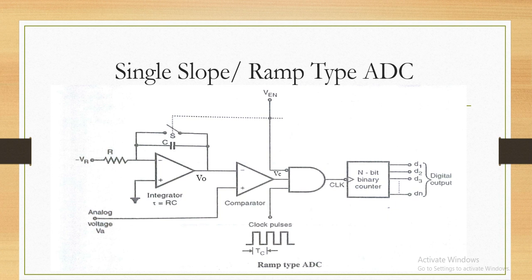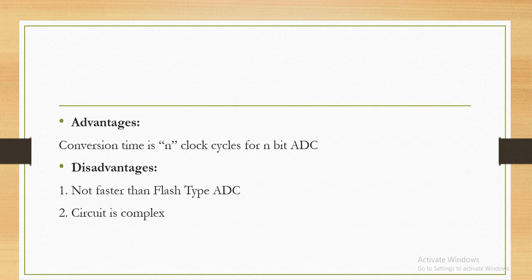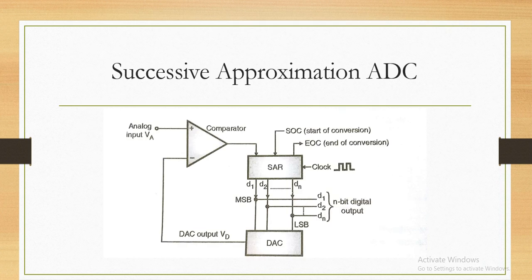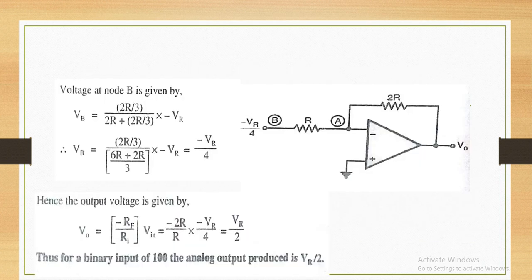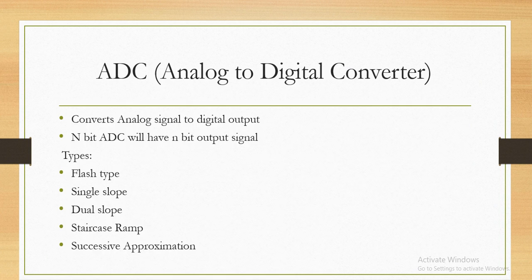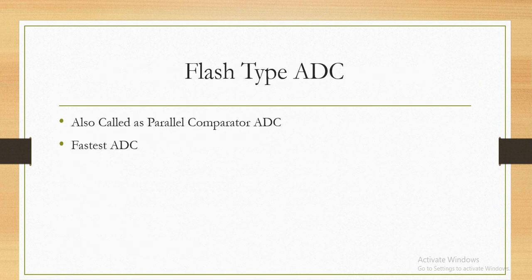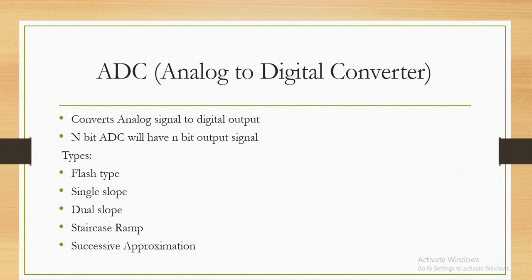But till now, two types of ADCs we have completed. You have to just revisit my video which is on YouTube and see how the data is converted with the help of these two types of ADCs. So these two types we have covered.